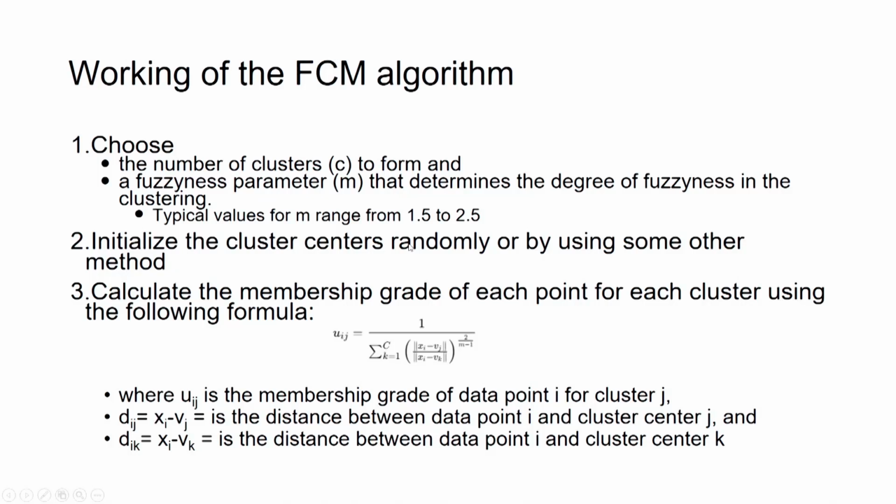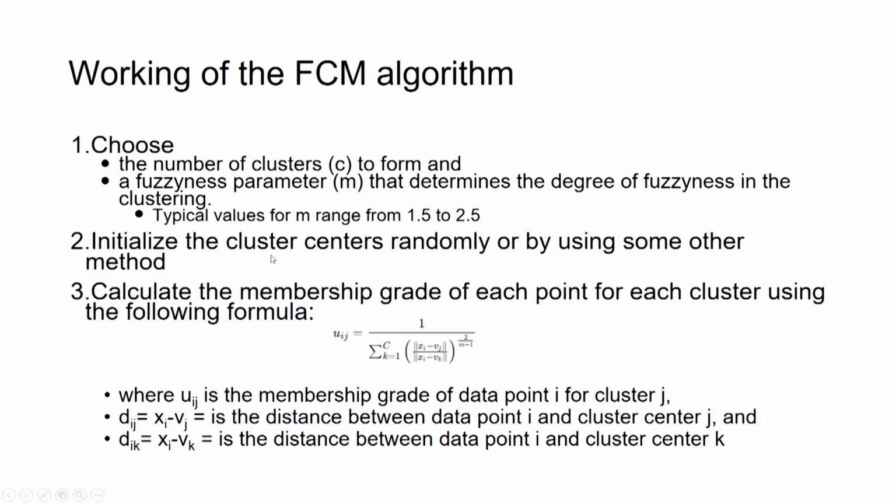This we will do randomly, or we can use the approach we have used in the k-means plus plus algorithm, where the first centroid or first cluster center we decided randomly, but for the rest of the centers we used one method through which we calculated the remaining cluster centers. So, we can choose any of these two methods, but we should find out the cluster centers for each cluster that we have decided.